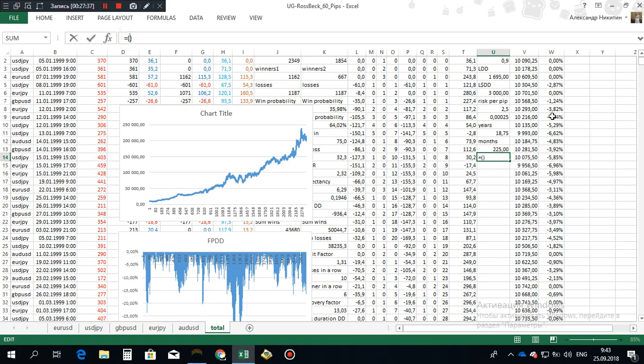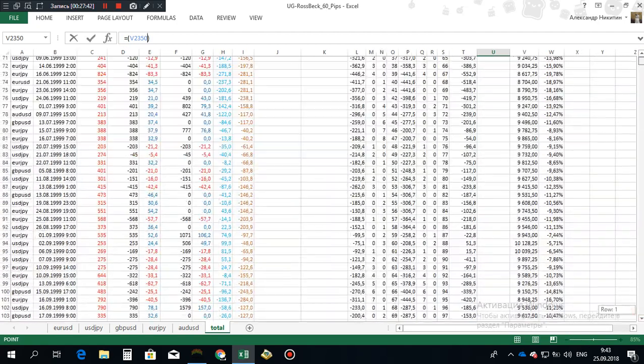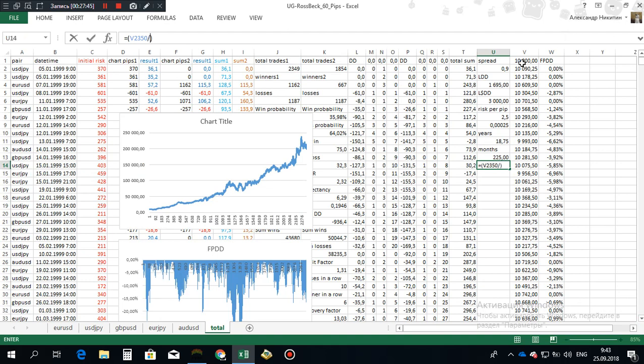It equals what we ended with, this one, divided by what we started with, and then we should raise it to the power of 1 divided by the number of years, if we are calculating the average yearly return, and then we should subtract 1. So this is the average annual return.